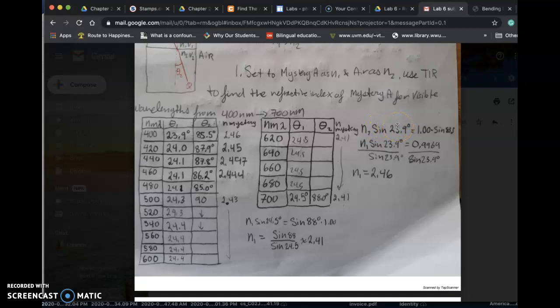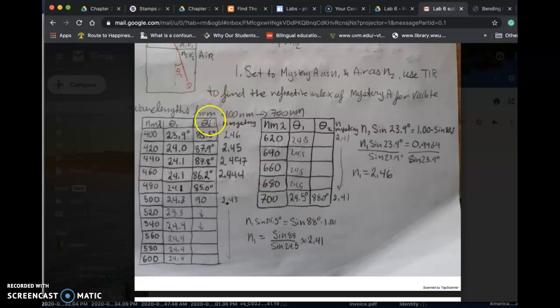Oh, sorry, this one's for 400 nanometers. My bad. This one is the one we're doing right now. So n1 times sine of 24.5 degrees equals sine of 88.88 degrees times 1, because 1 is the refractive index of air, and anything times 1 is just itself. So then we get n1 is equal to sine of 88.88 divided by sine of 24.5, which is roughly 2.41.